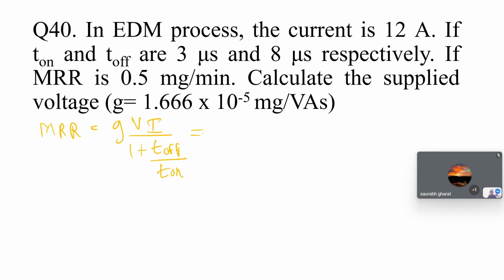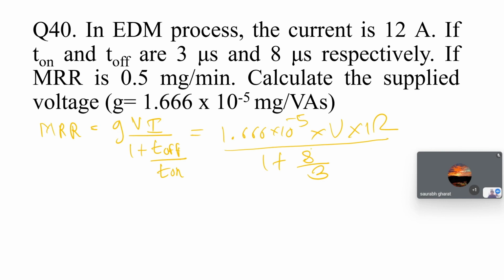So it will be equal to 1.666 into 10 raised to minus 5 into V, which you have to calculate. So it will be V, I you have 12 ampere, and 1 plus, you have T on is 3 and T off is 8.